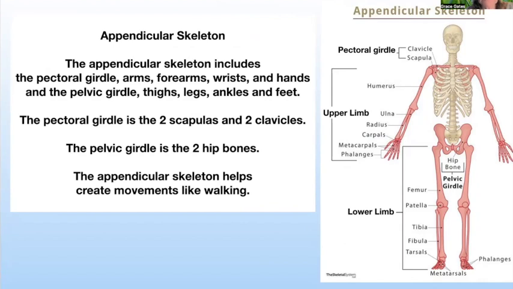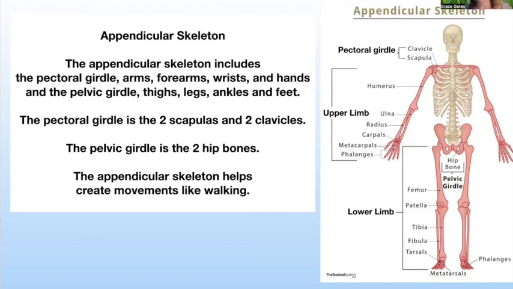So now I'm going to describe the appendicular skeleton. The appendicular skeleton includes the pectoral girdle, the arms, the forearms, the wrists, and the hands, and the pelvic girdle, the thighs, the legs, the ankles, and the feet. The word or phrase pectoral girdle may be a little foreign.